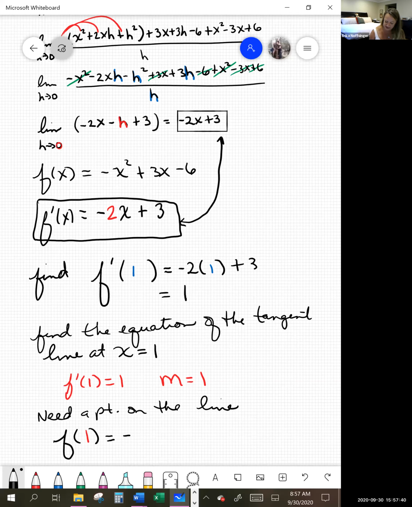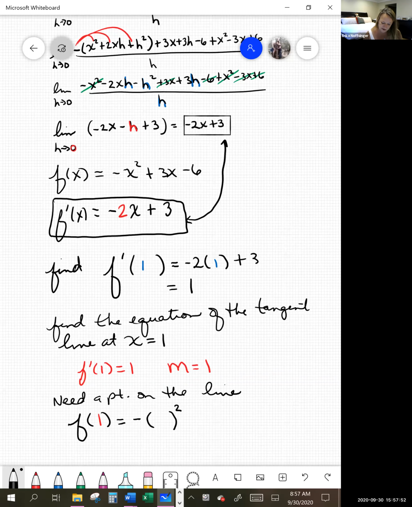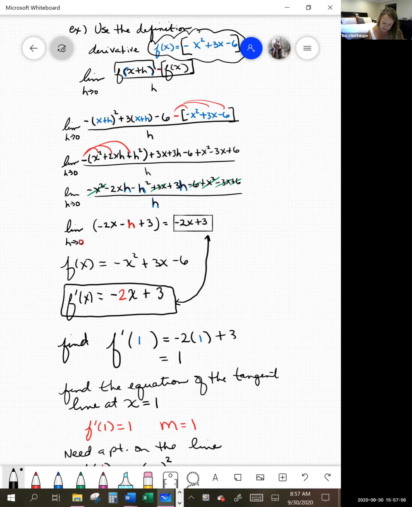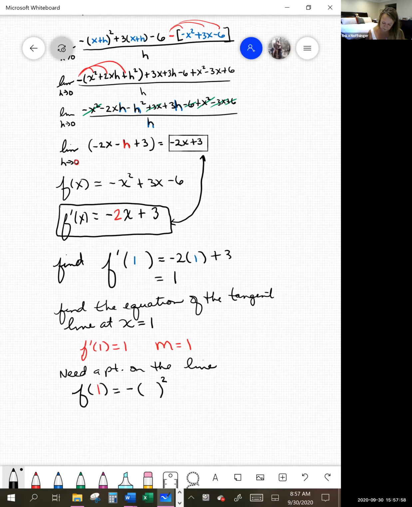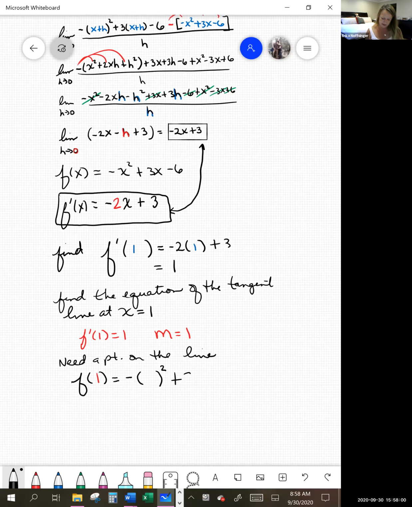So you had an x squared, so let's just put parentheses. What was the other equation? So let me just look at it instead of guessing. Plus 3 times x, so plus 3 parentheses and then minus 6.